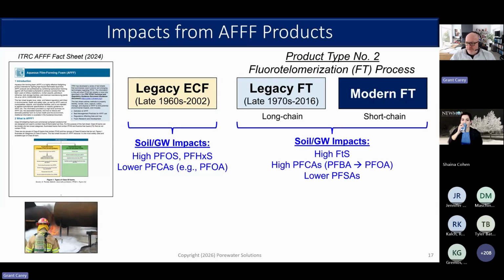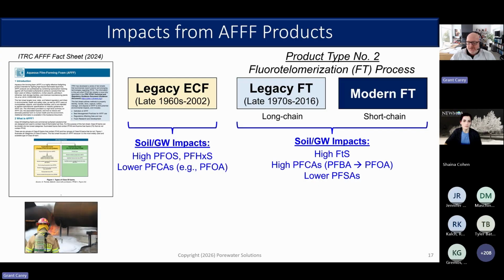If we look at the fluorotelomer products, I mentioned before the legacy fluorotelomers, longer chain precursors, tend to see higher PFOA in groundwater, more 8:2 FTS. The modern FT products, I've seen documentation that they were used at least back to 2005, and those impacts tend to be shorter chain carboxylates in soil and groundwater and 6:2 FTS.